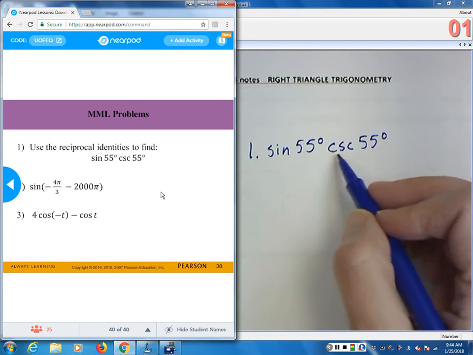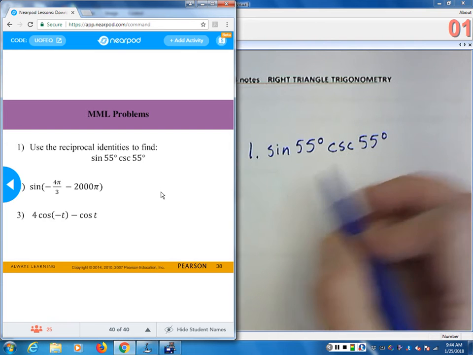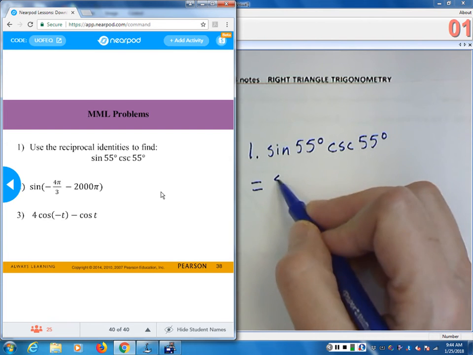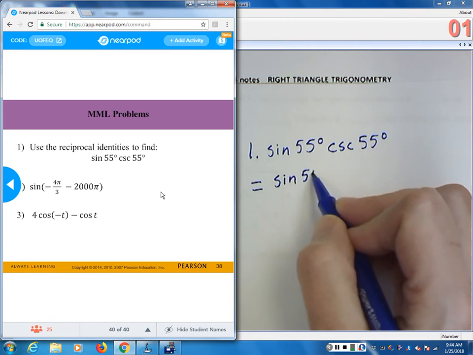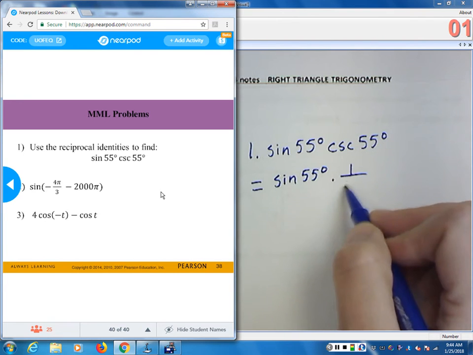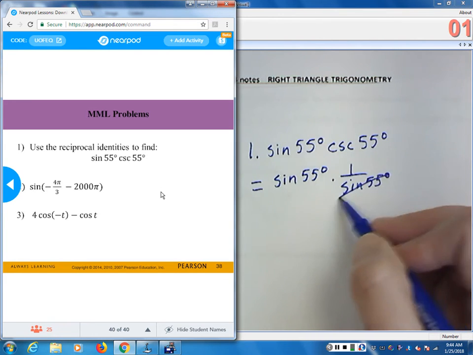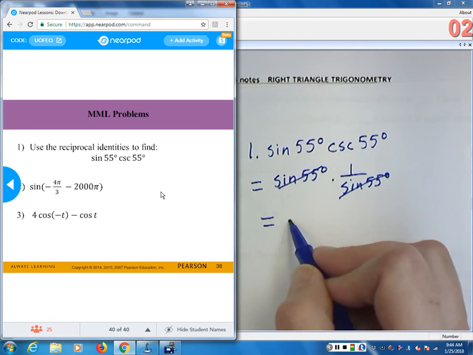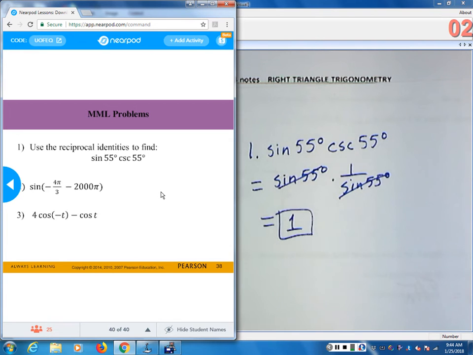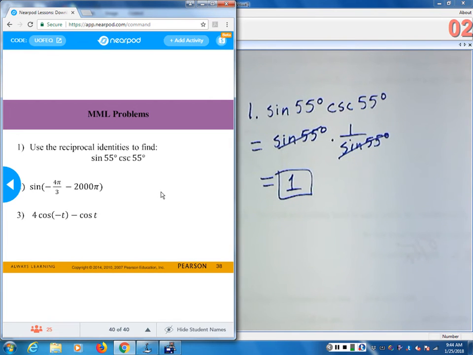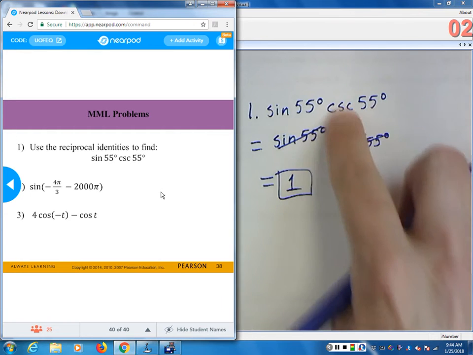Cosecant is 1 over sine, so this just equals sine of 55 degrees times 1 over sine of 55 degrees. Those cancel, so you get 1. You don't need your calculator for that. So you've got to have the reciprocal identities memorized.